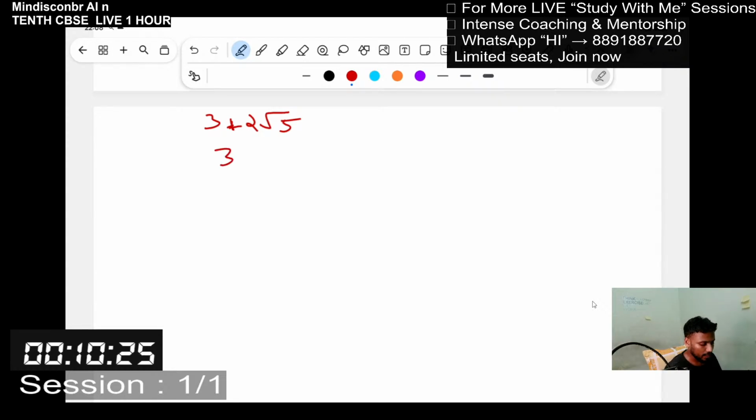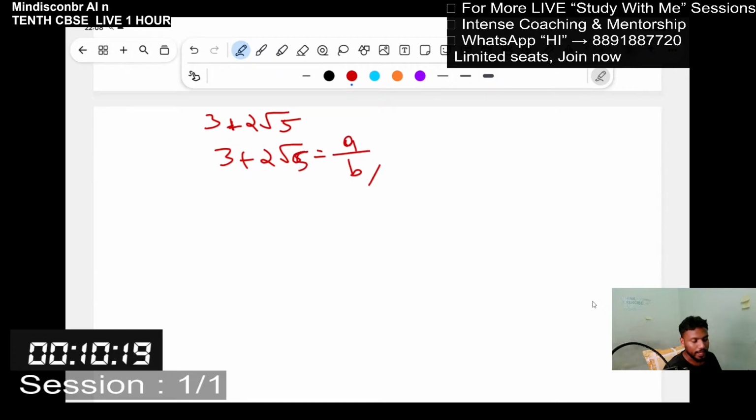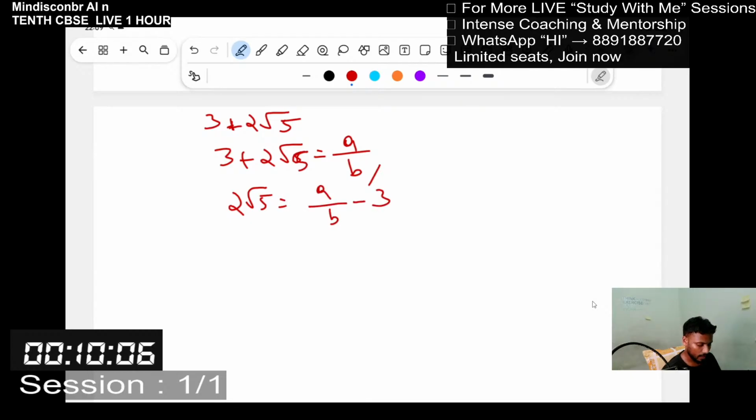Then we can write 3 plus 2 root 5 is equal to a by b, where a and b are coprime, b not equal to 0, and a and b are integers. 2 root 5 is equal to a by b minus 3. That is, root 5 is equal to a by 2b minus 3 by 2.